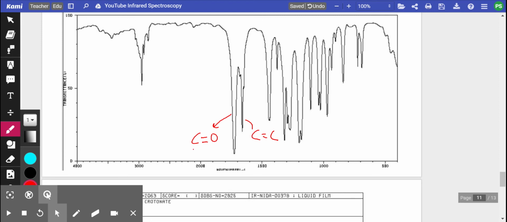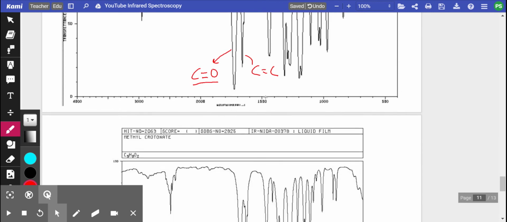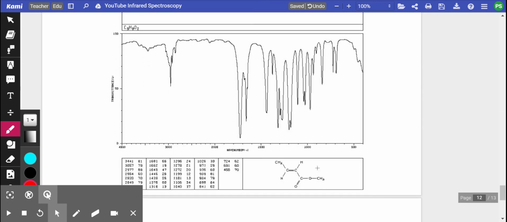Carbonyl groups refer to any groups that have a C double bond O, and it also has an alkene. Now, if I scroll down, the compound, in fact, has an alkene group and an ester group, which is here. Now, again, it's hard to differentiate between esters, aldehydes, ketones, because they have a very similar band or peak.